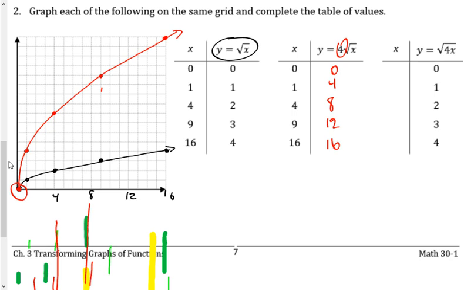So let's just pick some x values and figure out some y values. That's not how I did the table here, but suppose I did. So if I have y equals the square root of 4x, if my x value was 1, what would my y value be?